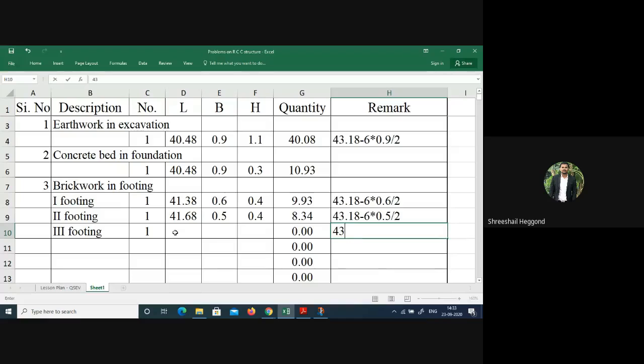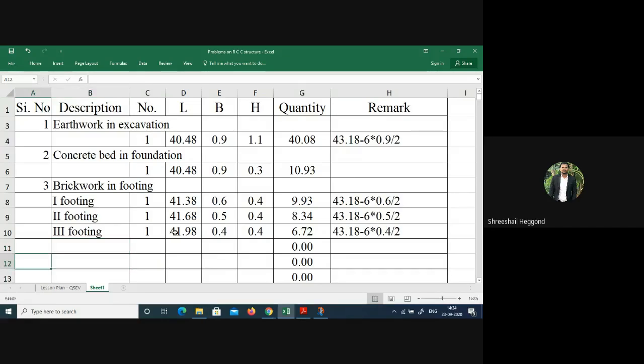Length can be calculated as 43.18 minus 6 into 0.4 divided by 2. Therefore, third footing length will be 41.98. Width is 0.4 and height is 0.4. Therefore, quantity will be 6.72.